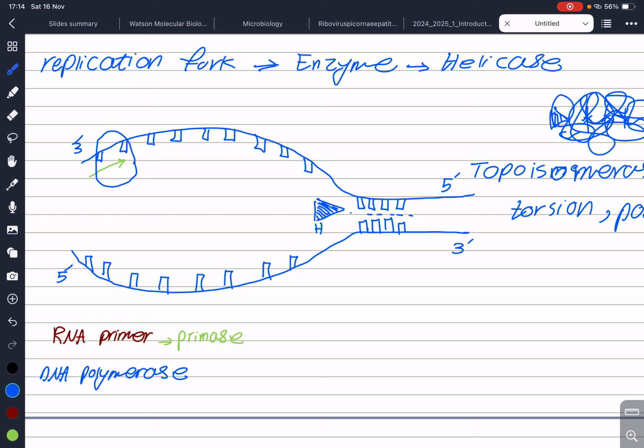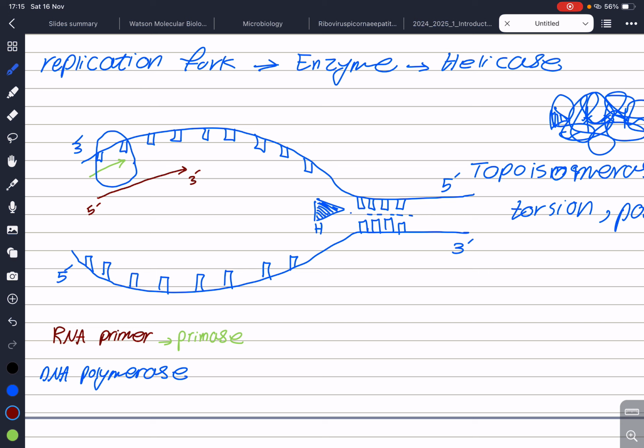So when the DNA polymerase recognizes the RNA primer, it will be attached to the original part of the replication. It will start synthesizing the new strand of DNA from 5' to 3' direction.